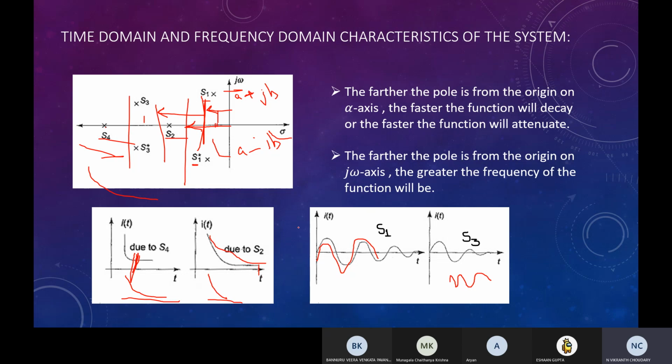Also, S1 decays slower because its sigma magnitude is smaller. So S1's decay rate would be slow, and S3's decay rate would be faster.